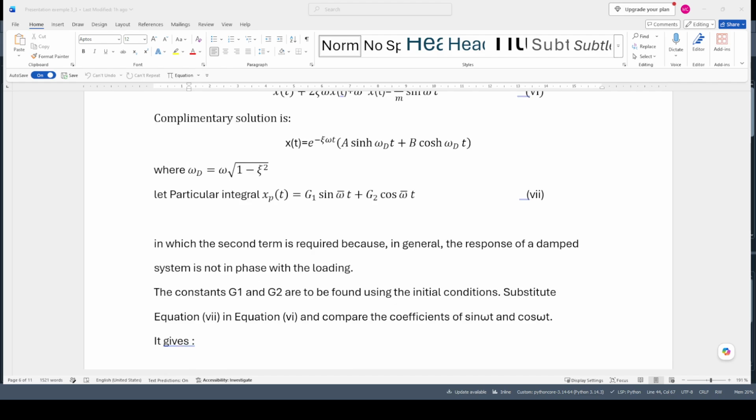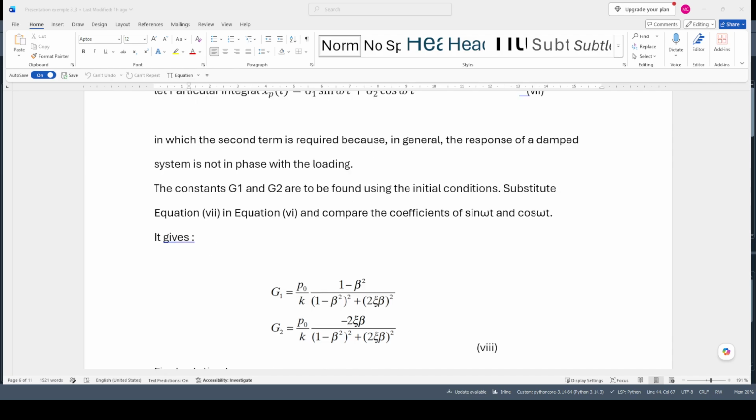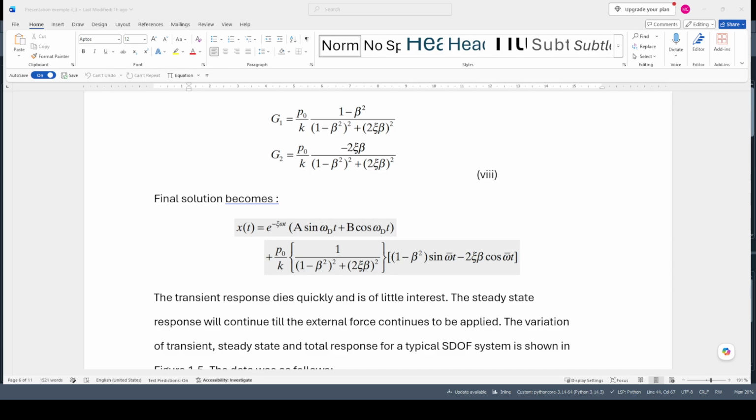We can solve the particular integral and calculate the coefficients G1 and G2 in function of the initial displacement and the velocity, and we can write this equation.